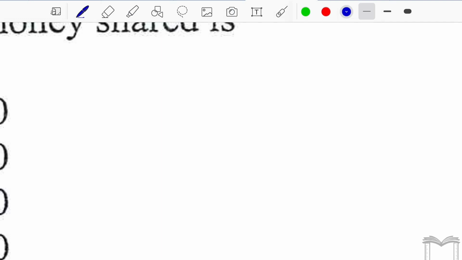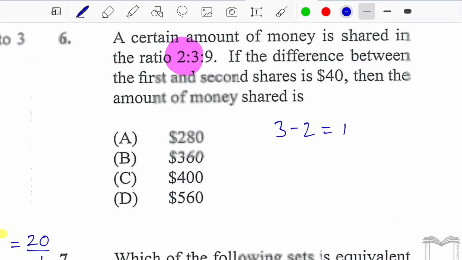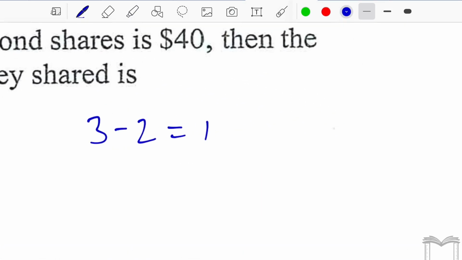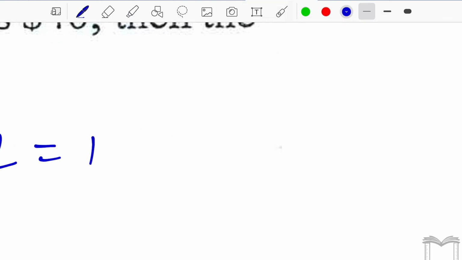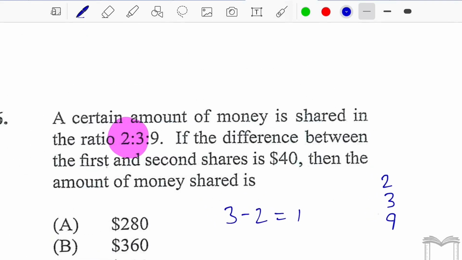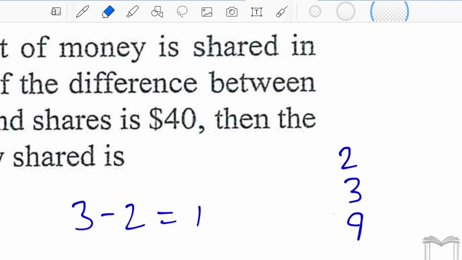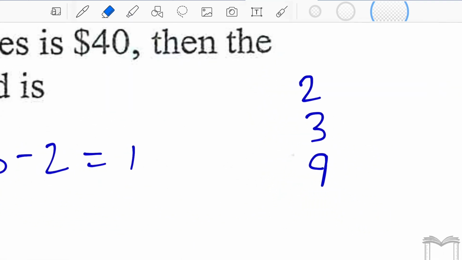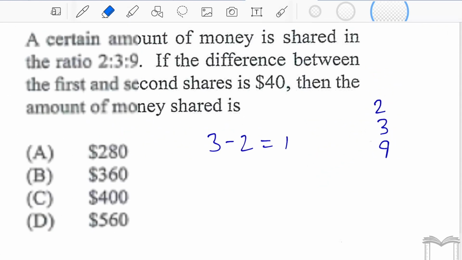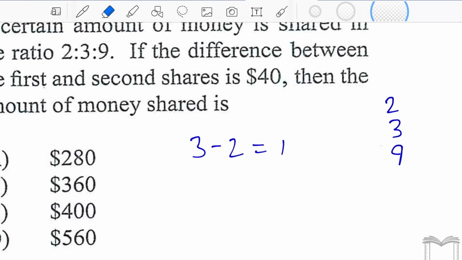So the difference between 3 and 2 is 1. That's easy. So it's 1 out of how many parts? So we simply add 2, 3, and 9. We add the ratios. So 9 plus 3 is 12, 12 plus 2 is 14. So it's 14 parts.